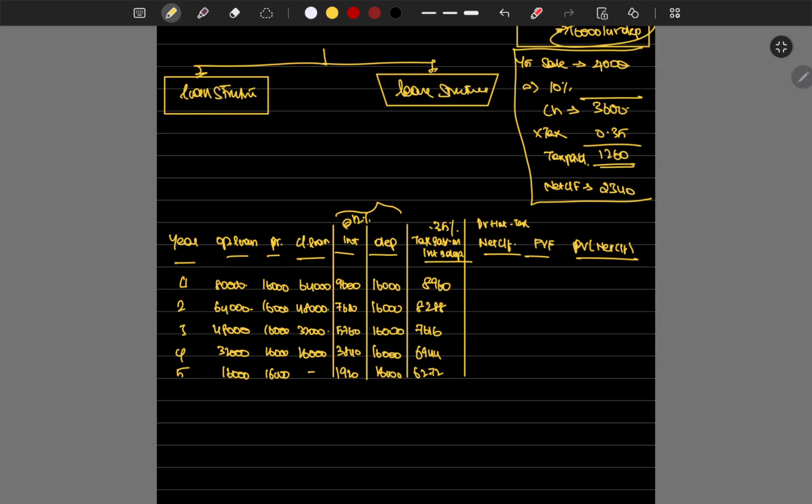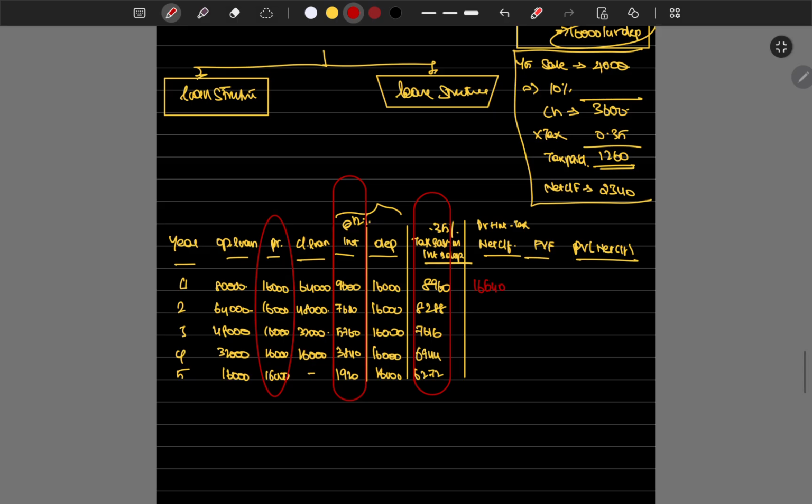Principal plus interest is the actual cash outflow, and the cash inflow is the tax savings. So we have to deduct the tax saving portion and calculate the net cash outflow, which is 16,000 plus 9,600 minus 8,960, which is 16,640.